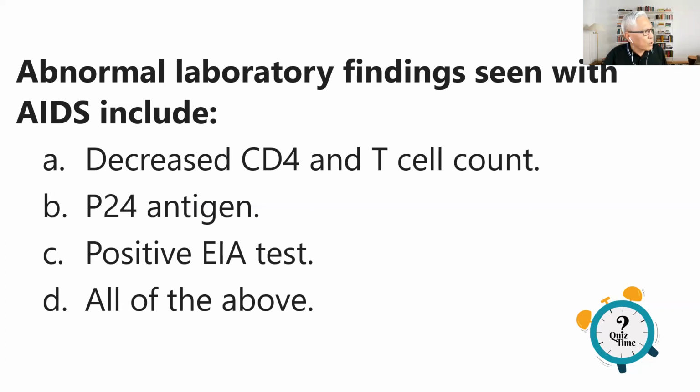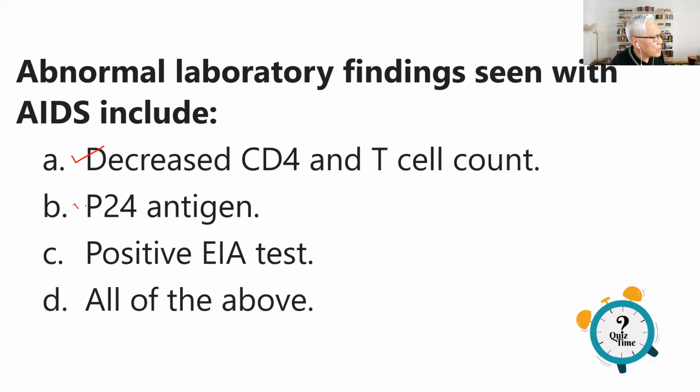All right. So abnormal laboratory findings seen with AIDS include, all right. So would you have a decreased CD4 and T cell count? And the answer to that is yes. So this is going to be a correct response. And how about the P24 antigen? Do you remember the P24 antigen? That's the second test that we have.